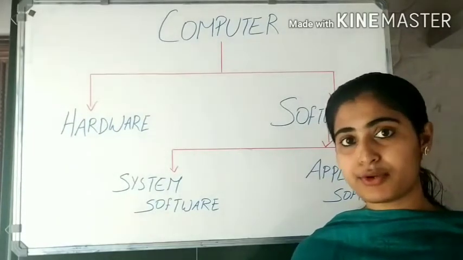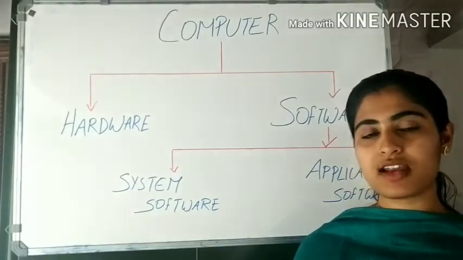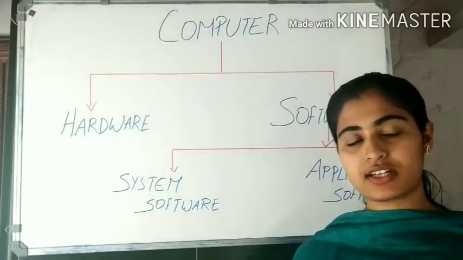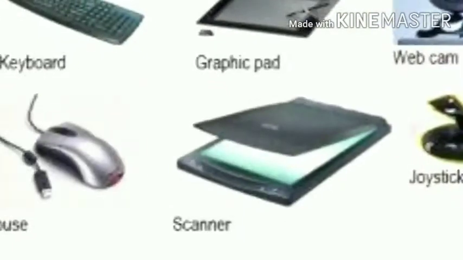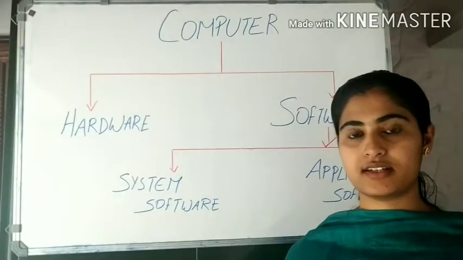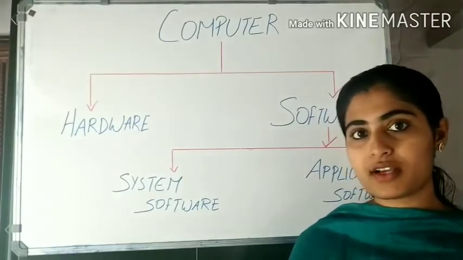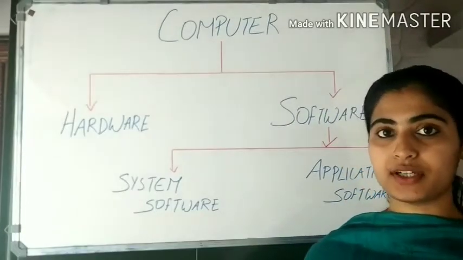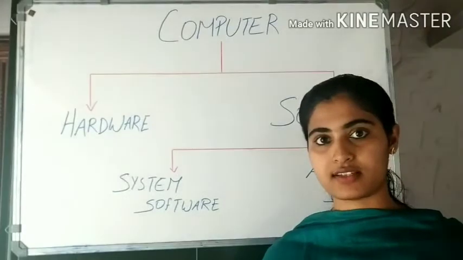Similarly, a computer also has got some parts that we can touch and see. For example, keyboard, mouse, printer. These are parts of the computer, devices of the computer that we have touched with our hand.